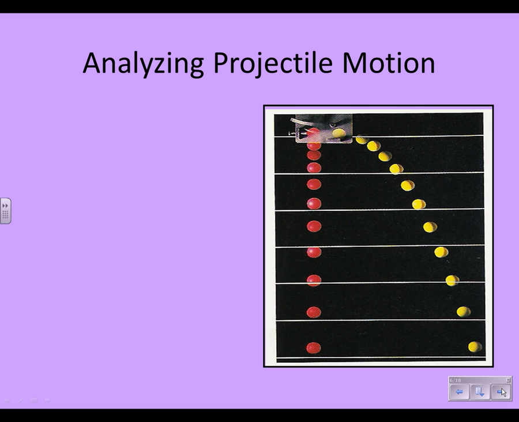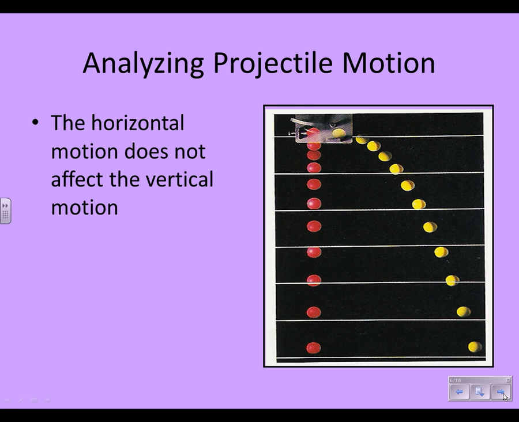What we find out is that that horizontal motion that has been added to the object initially, when it comes under the influence of gravity, does not affect what is happening vertically. The horizontal motion does not affect the vertical motion.